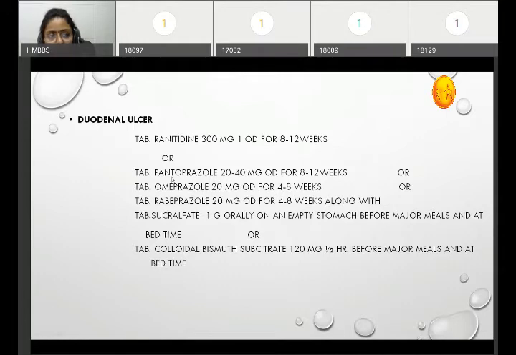But in duodenal ulcer cases, the H2 blockers bring about healing of these duodenal ulcers up to 90% in 8 to 12 weeks, while proton pump inhibitors heal the duodenal ulcer in 4 weeks only. So they have more healing capacity. Then the other ulcer protectives that you have to write here are again sucralfate and colloidal bismuth subcitrate.